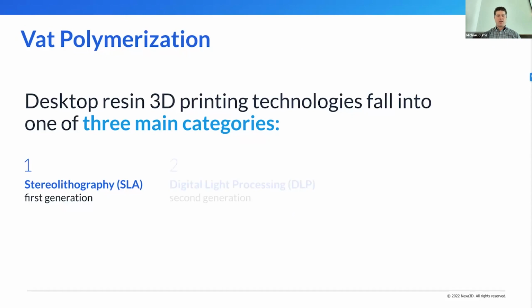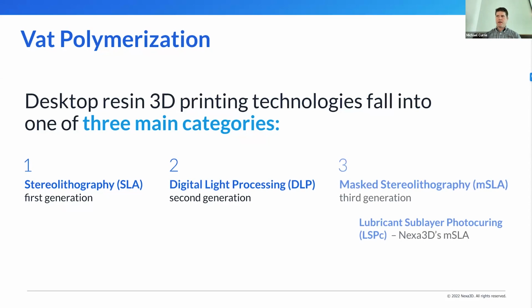And then the second generation was the idea of digital light processing. This is an idea invented by Texas Instruments and then brought to 3D printing by EnvisionTEC in the late 2000s and early 2010s. And then the third generation, which we're on now, which I'll talk a lot about, and which all of our technologies at X3D are a part of, is what we call masked stereolithography, or mSLA.